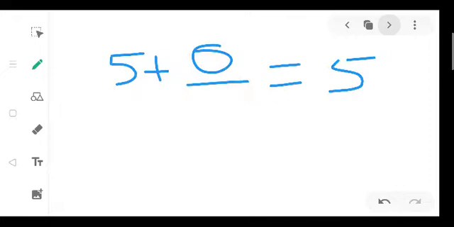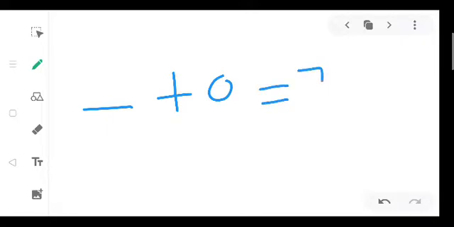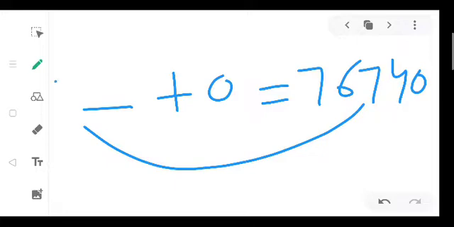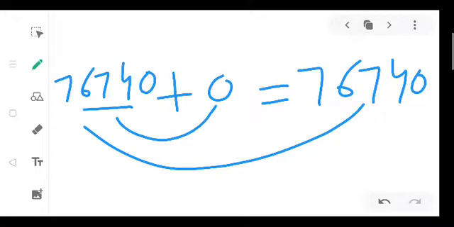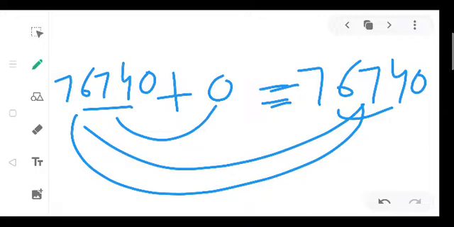Means here this blank plus 0 is 76,740. It means if we write this same number and when we add 0 in this, then only it will remain same. So the same number we will write here.